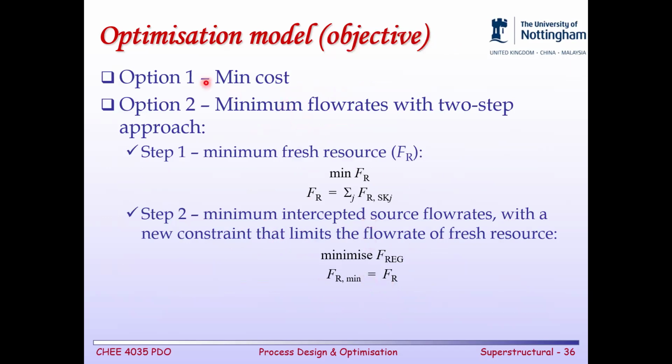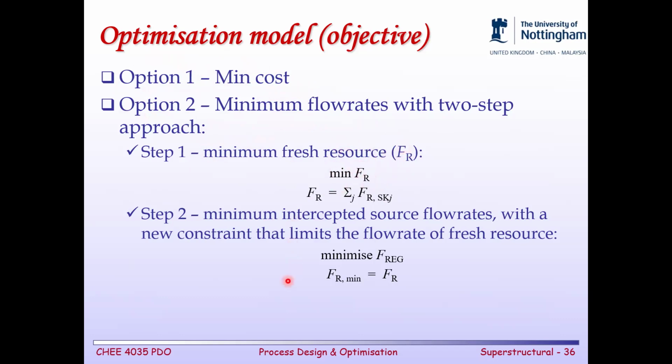Okay, so we try the next exercise. There are two options: option 1 is to minimize the cost, and option 2 is to minimize the flow rates with a two-step approach. What do I mean by two-step approach? First, we minimize the freshwater flow rate, and then we obtain this minimum value.